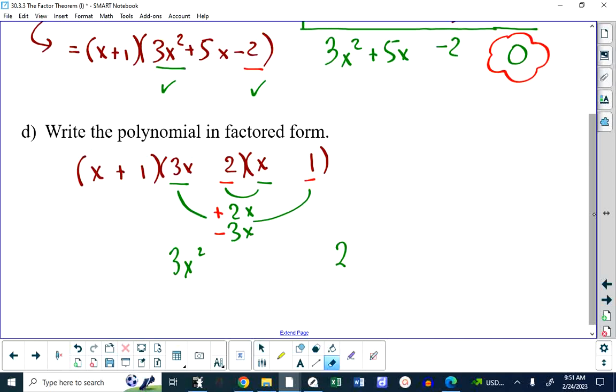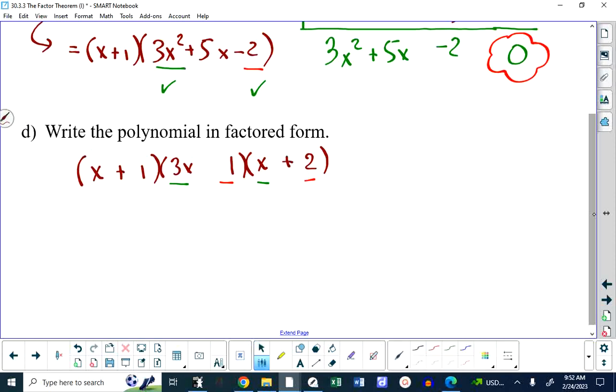Okay, well, what do you do then? It's called trial and error for a reason. Try this. And now you'll see that the outer is 6x, and if the outer is positive 6x and the inner is negative 1x, they combine to give the 5x. So that's it in factored form.